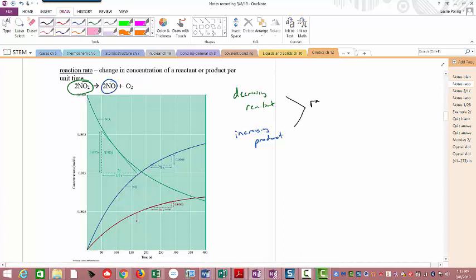Now notice those rates are equal. That is because they have the same coefficient.